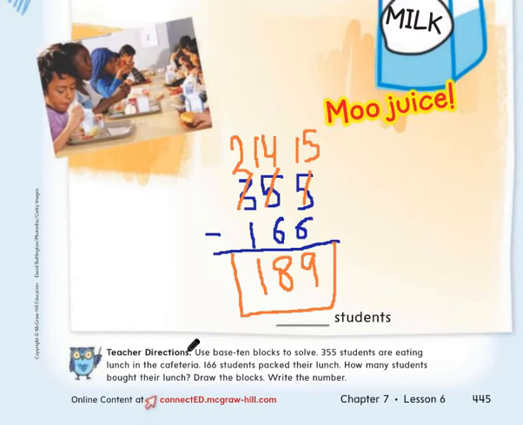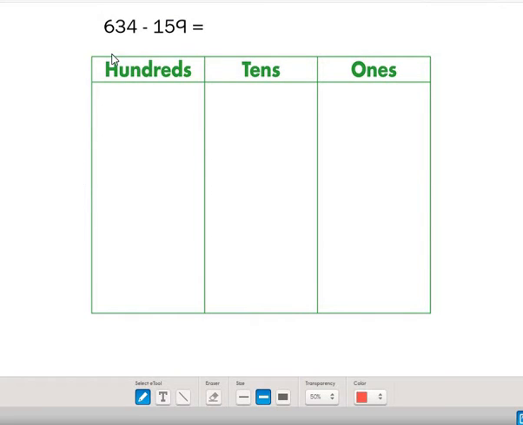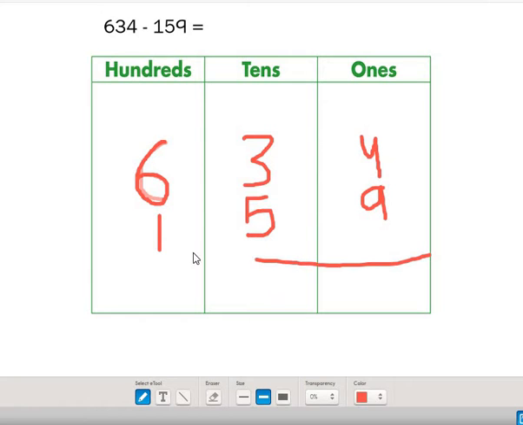Now let's solve another example. Let's subtract 634 minus 159. We will write the numbers here. So we have 634, and the second number is 159. As always, we will start subtracting with ones. 4 minus 9, we cannot.